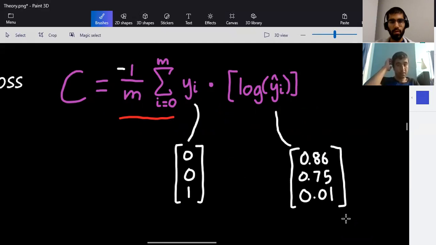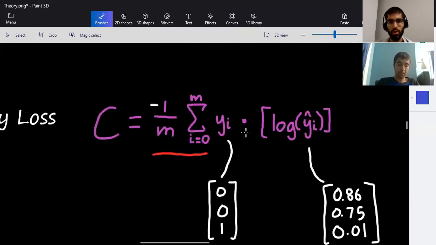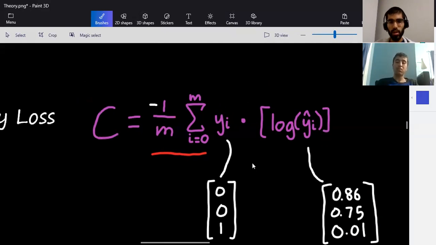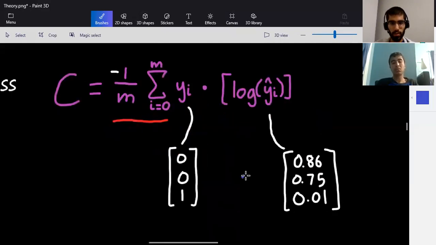So remember, it's a dot product, which means we're going to multiply all the elements together and then add them up. So that means we're going to turn these vectors into a scalar. So let's say in this case, we get out a big value like negative 200.